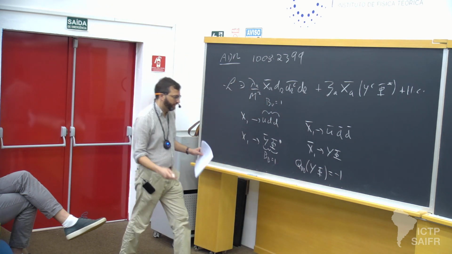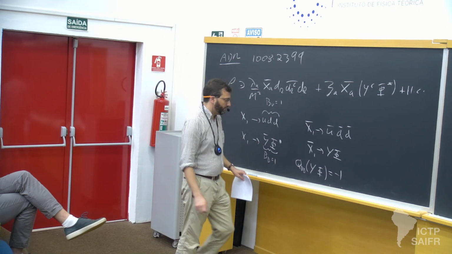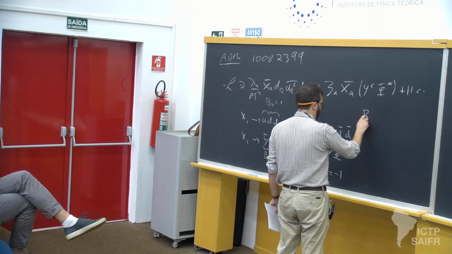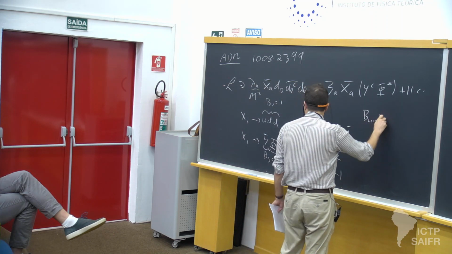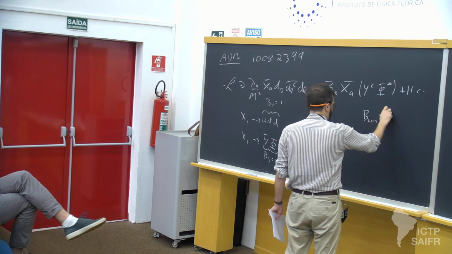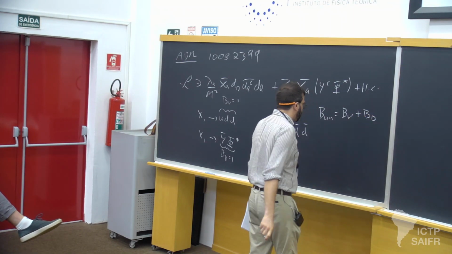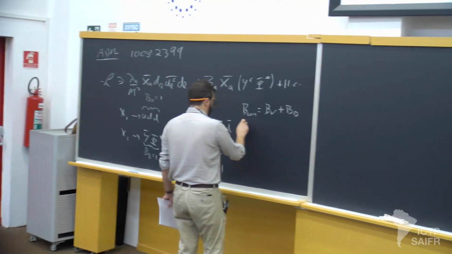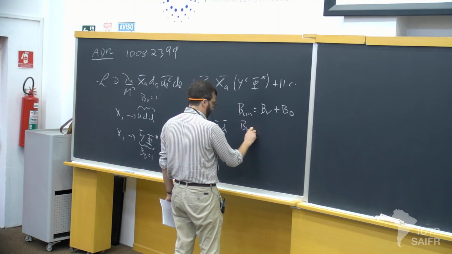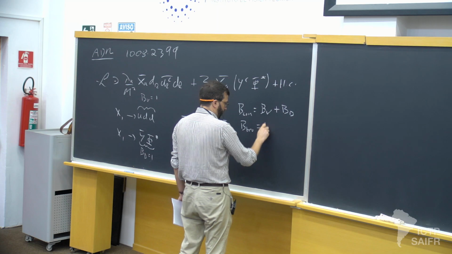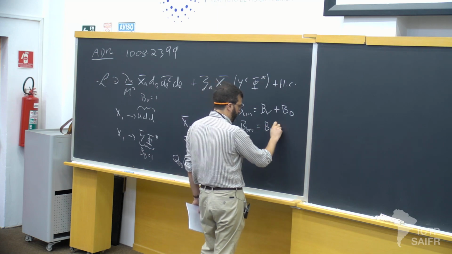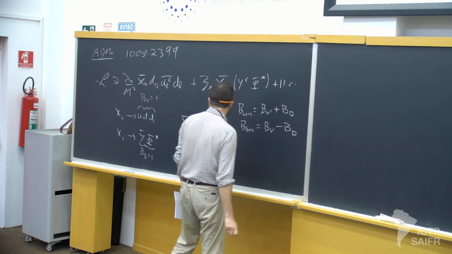And then we'd have a conserved quantity which will be equal to B_V plus B_dark, and our broken quantity will be equal to B_V minus B_dark, okay?